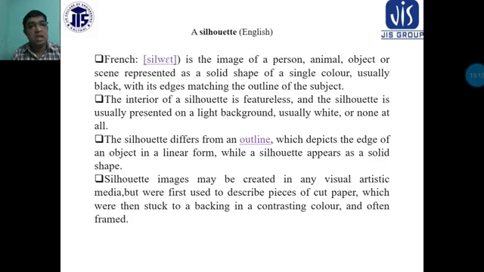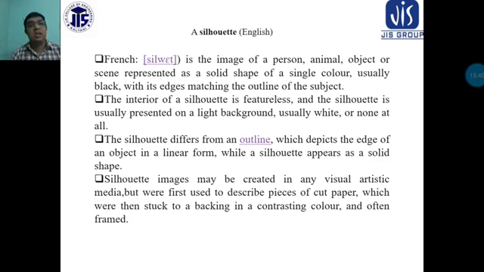A silhouette image may be created in any visual artistic media, but it was first used to describe pieces of card paper stuck to a backing in a contrasting color and often framed.